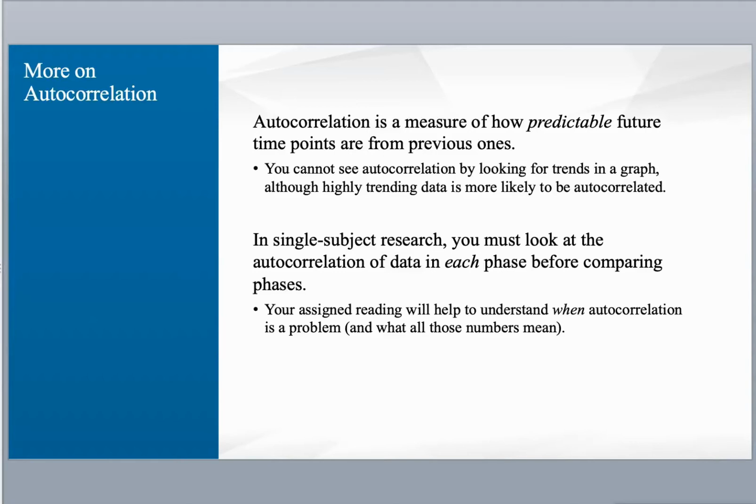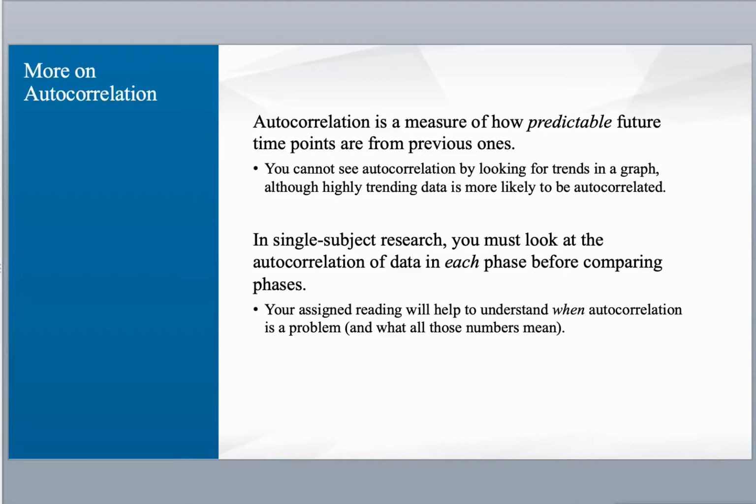That's called a type 1 error, as you recall from 6402, and we'll discuss this a little more later. And then you could also erroneously not detect a difference between phases when one does exist, and that's called a type 2 error.